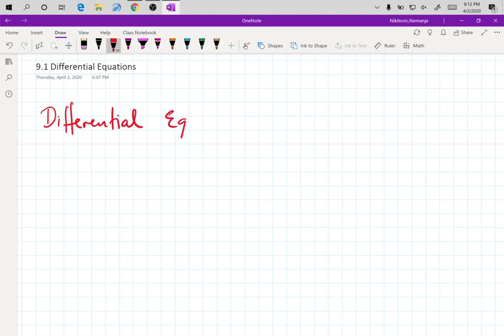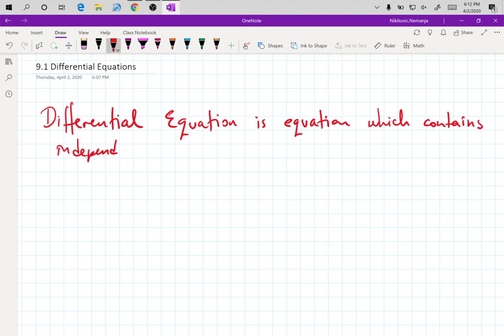A differential equation is an equation which contains an independent variable, a function and its derivatives.